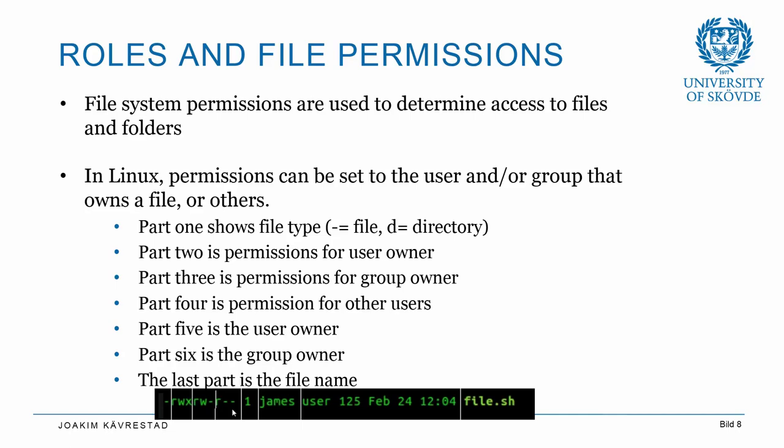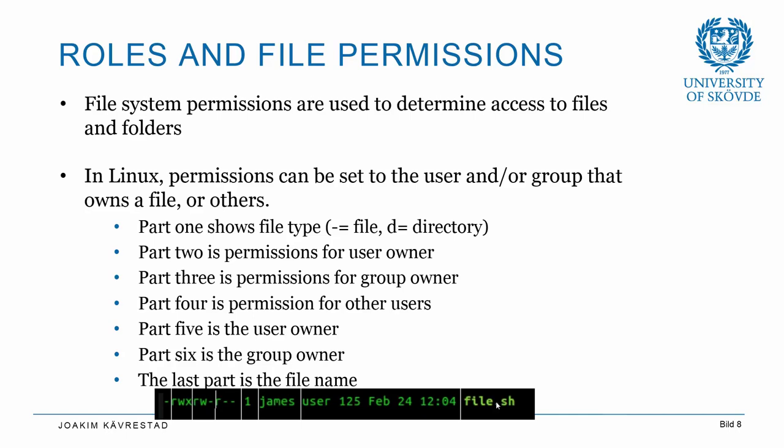So everyone that is not the user owner or part of the group that owns this file will have read access to this file. Then the one we'll skip. Next we have the name of the user that owns this file. So James is the user account that owns this file. Next we have the group owner. So user is the group that owns this file. And the final part I want to highlight here is the file name, which is very last.